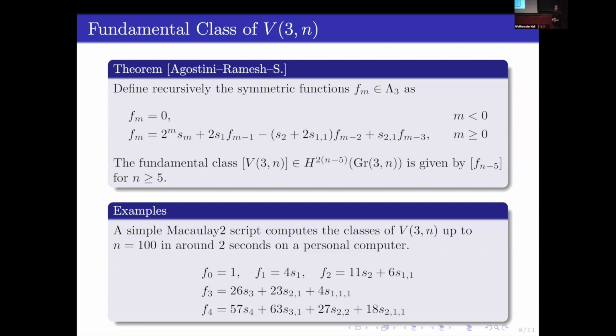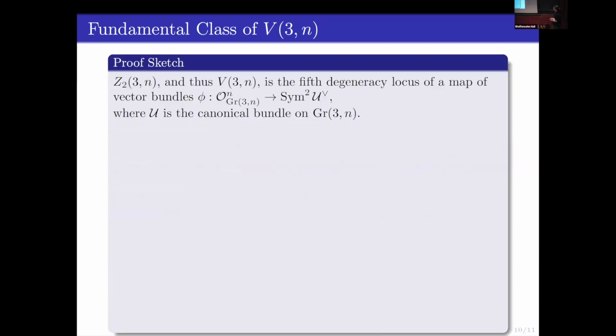For this formula, you have some bundles, you need some global generation of those bundles. Sorry, the formula that you use to get this. Yeah, Sym^2 of U dual. So I guess Sym^2 of U dual is globally generated.